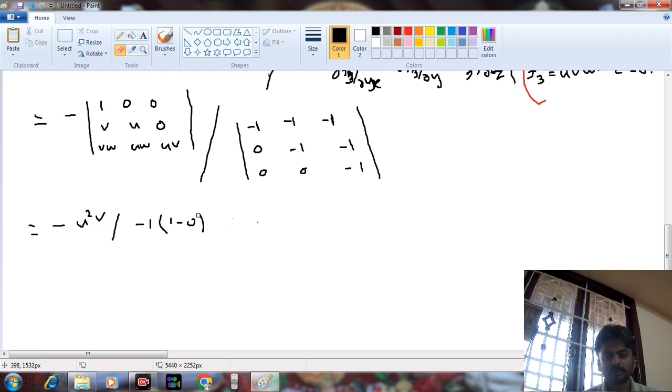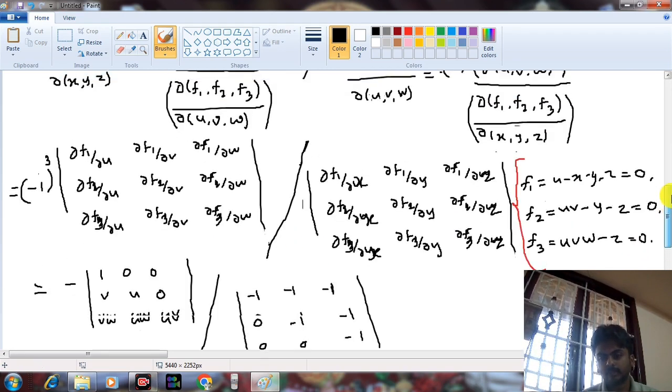So here we have only minus 1, here we have only minus 1, and we get the result as minus u square v, hence we have obtained our result. What is our result? What we want to prove?